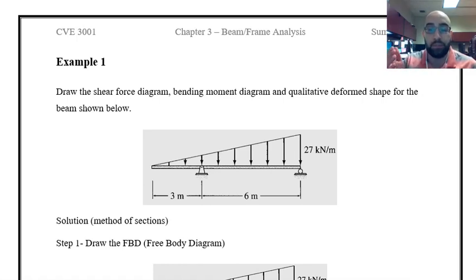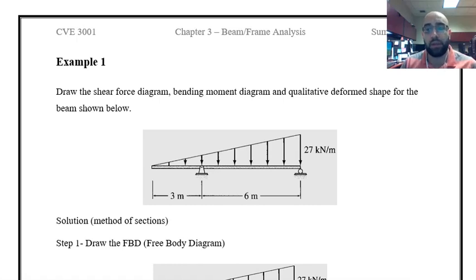Based on that, we can understand the shear force distribution, and then based on the configuration of the shear distribution along the length of the beam, we could understand the bending moment distribution in the beam. We talked about these methods, and now we are going to look at a few more examples to see how we can use these methods in understanding the shear force and bending moment distribution in beams.